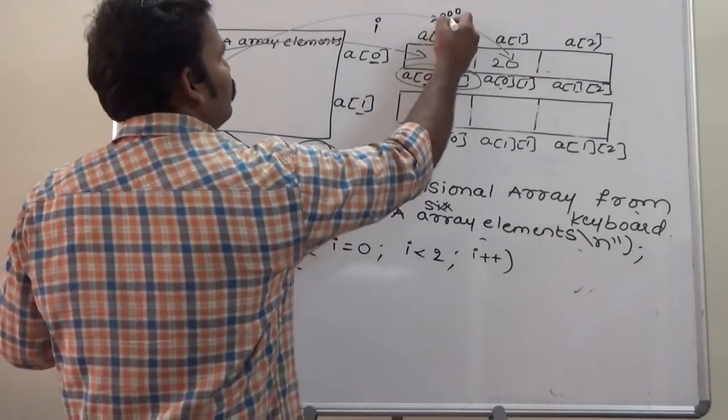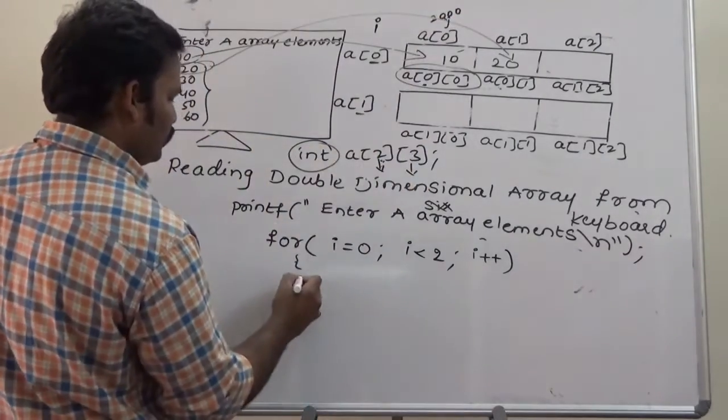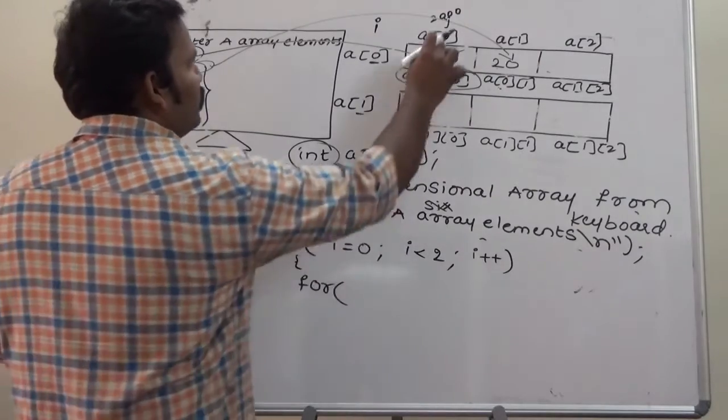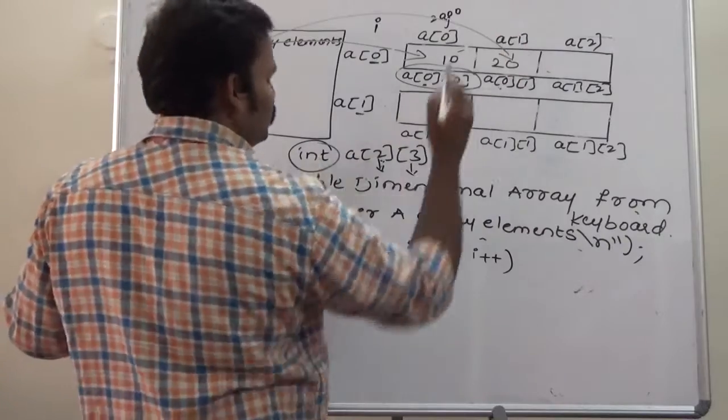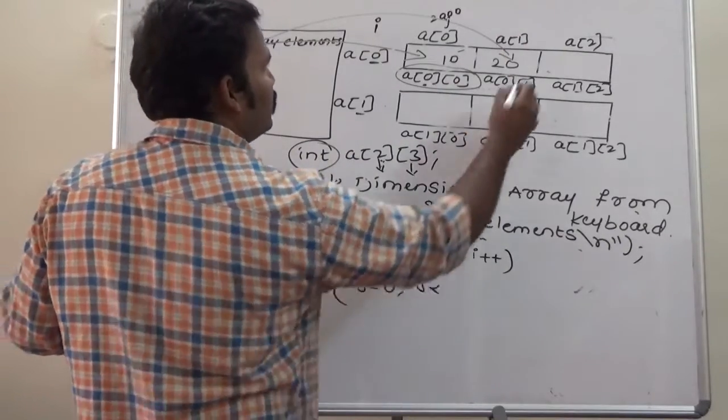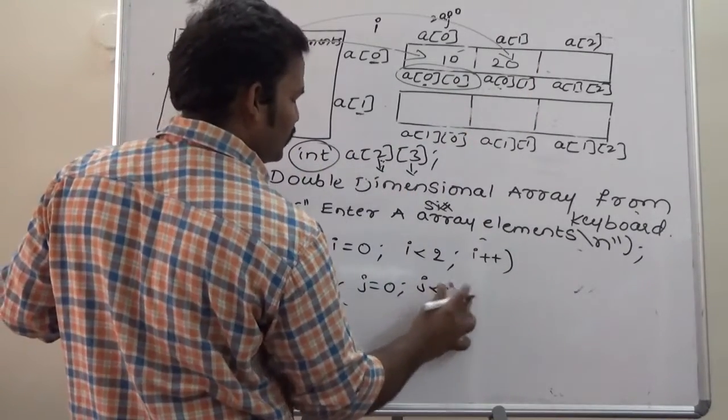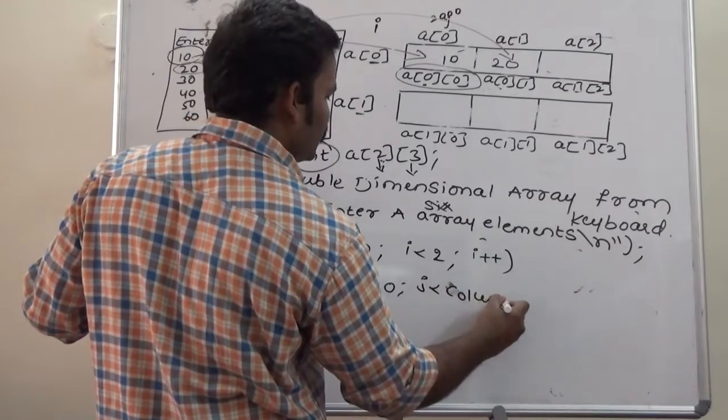Next for loop: starting value j equal to 0, j less than column size.